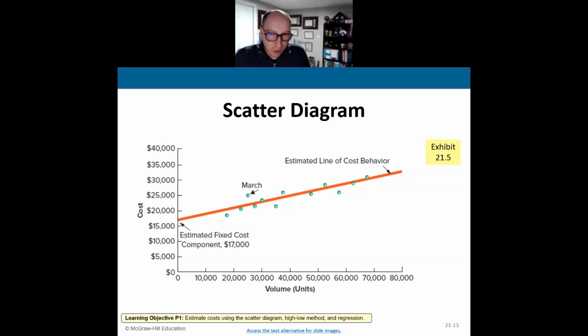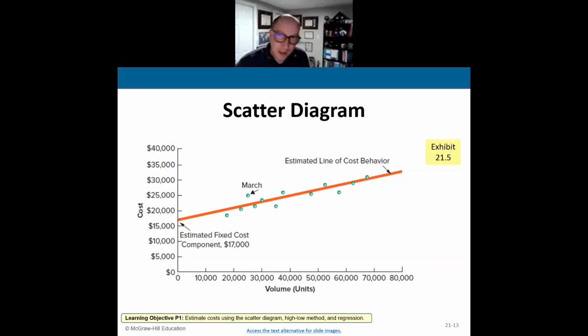Here we have, for example, March, which is 25,000 units produced and a total cost of 25,000. So there's March. Each month is plotted out, and then we run a line through the center.